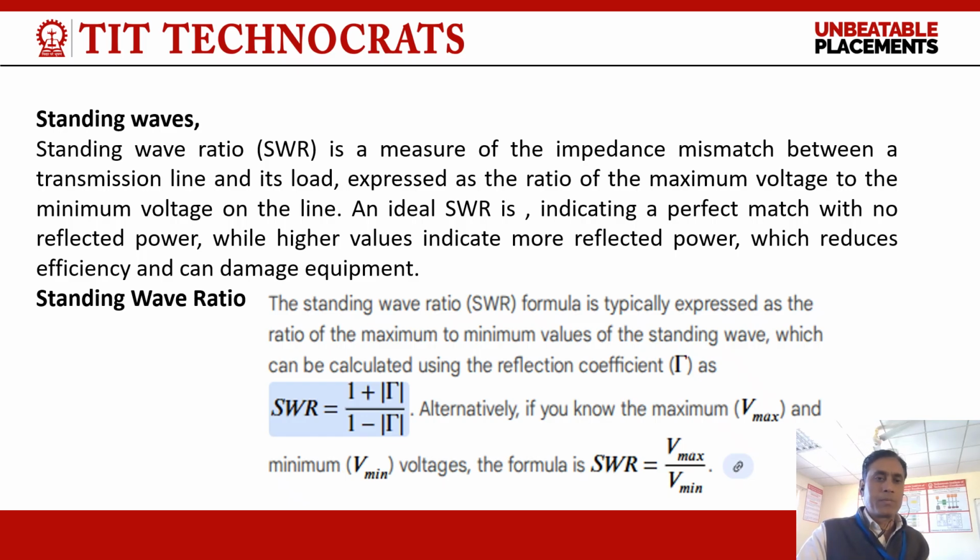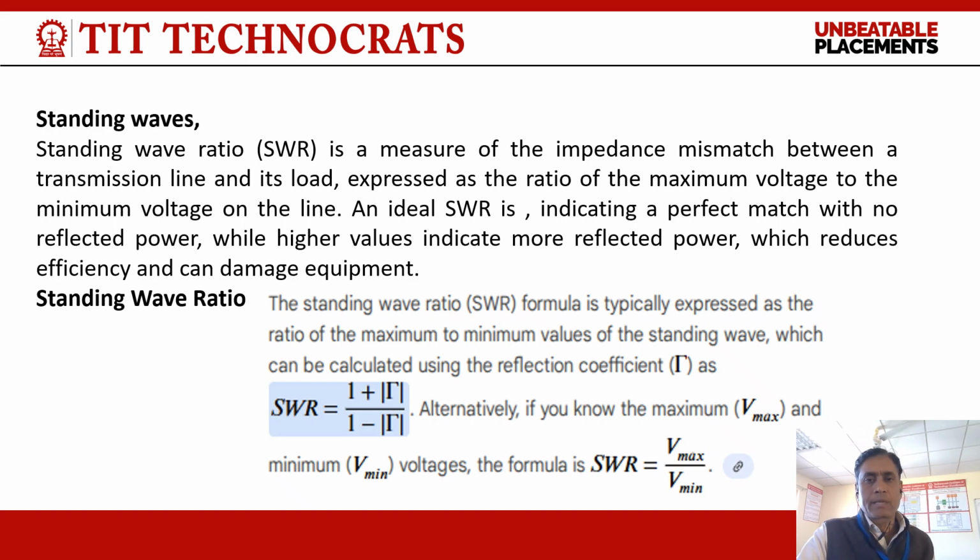Now, standing wave. Standing wave ratio, that is SWR, is a measure of impedance mismatch between a transmission line and its load, expressed as the ratio of the maximum voltage to the minimum voltage on the line.